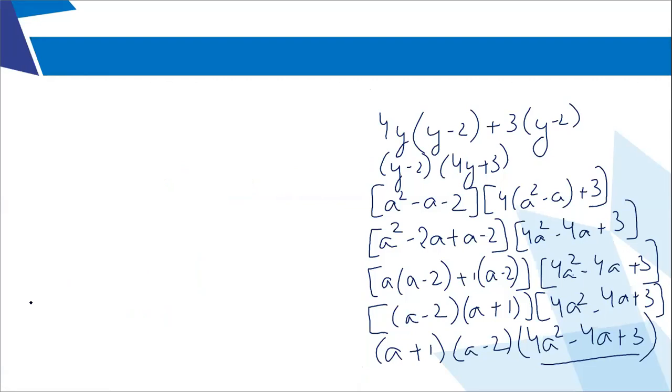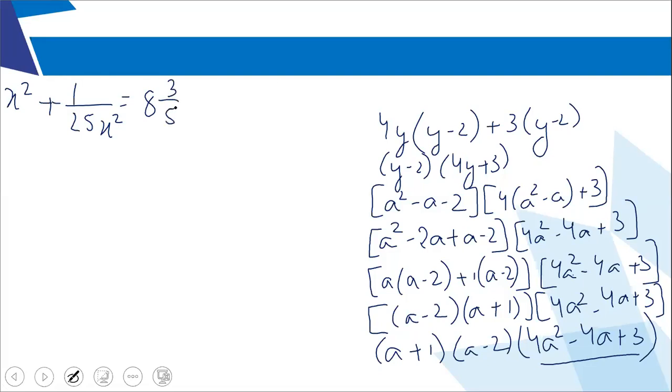It is given that x square plus 1 upon 25x square is equal to 8 3 by 5. You have to first calculate x plus 1 upon 5x. It's easy.